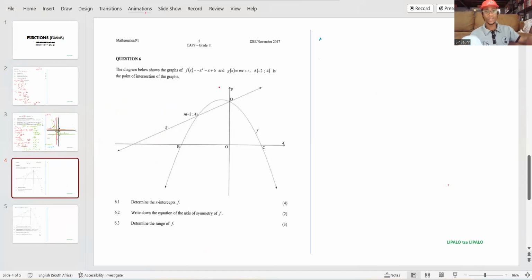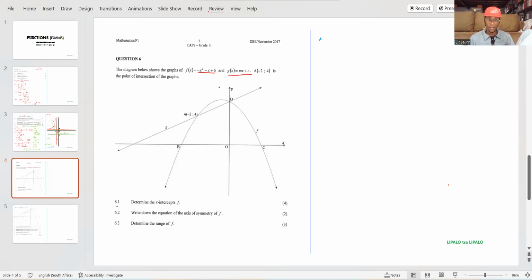In question 6, you are given a parabola and a straight line. Oh, bro, they just want to give you marks right now. You should be glad. You should stand up and hug the examiner and say, Baba wam or Mama wam, nyabonga. Anyway, this is an interpretation type of question.